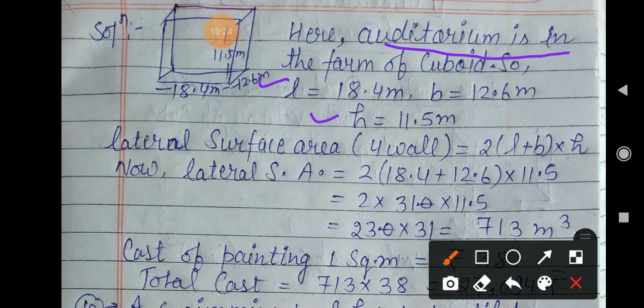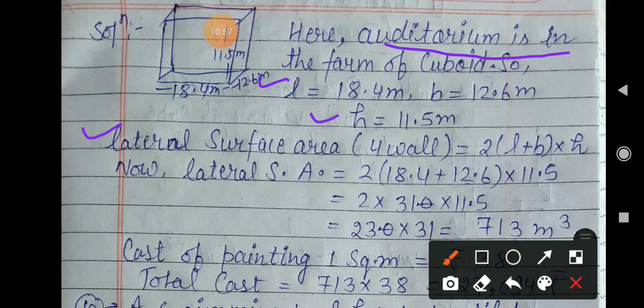And then you have to paint only the four walls, so you have to find the lateral surface area, because the four walls are related to the lateral surface area, since you skip the base and the top.